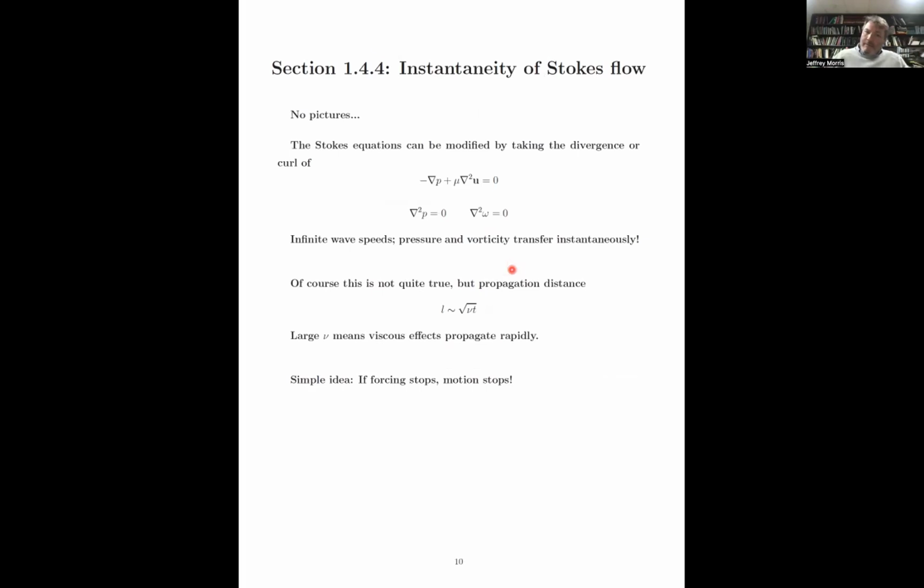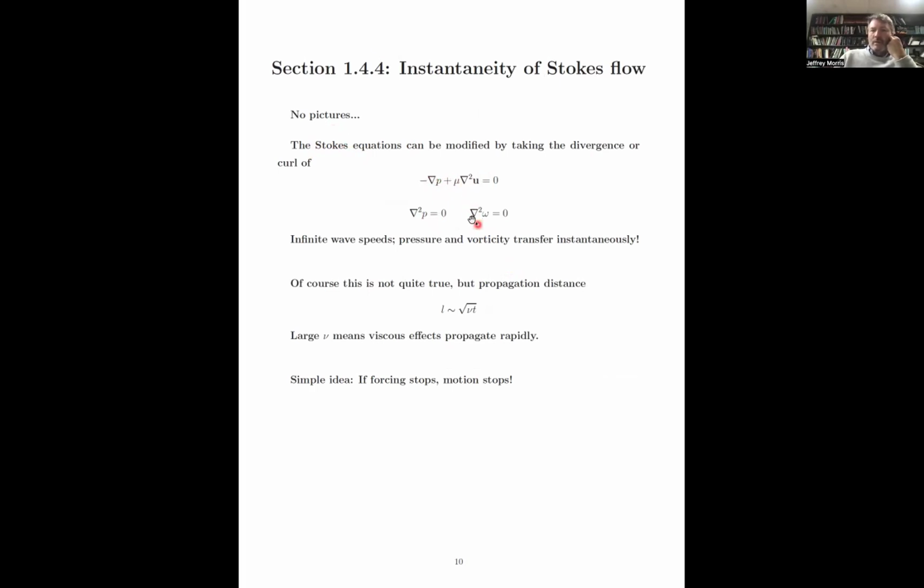I don't have a picture for instantaneity. I can hardly say the word, so that's one thing too. But I'll just try to describe this in a bit of math. So you start with this momentum equation. You can modify it by taking the divergence, in which case you get del squared p is equal to 0, since the curl of grad p, being the gradient of a scalar, would be 0.